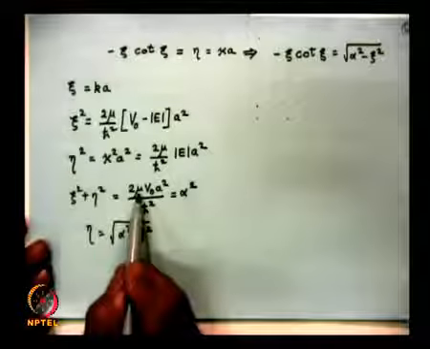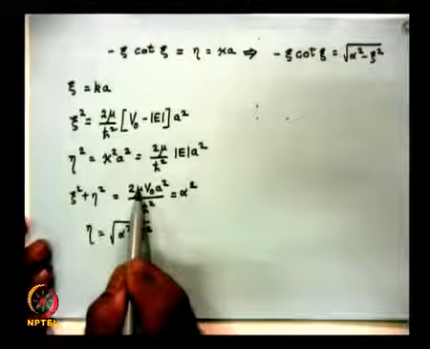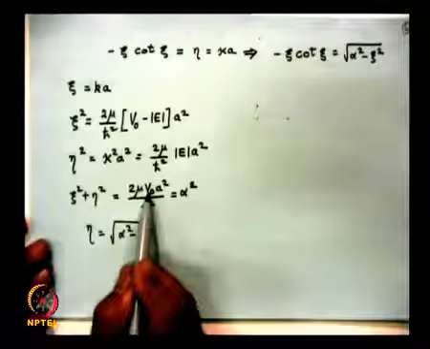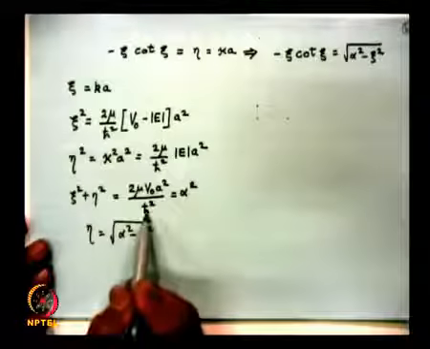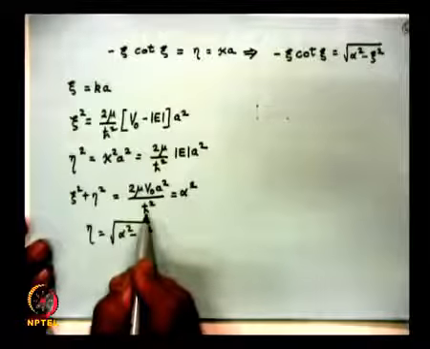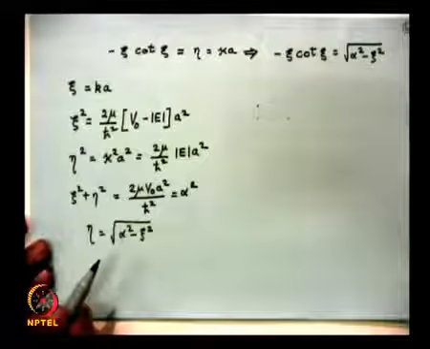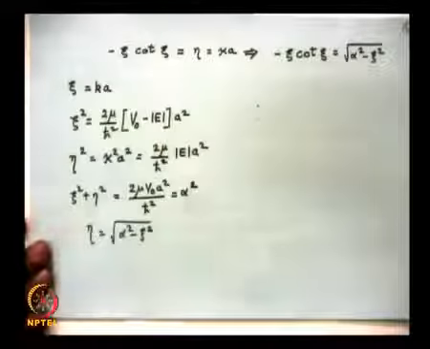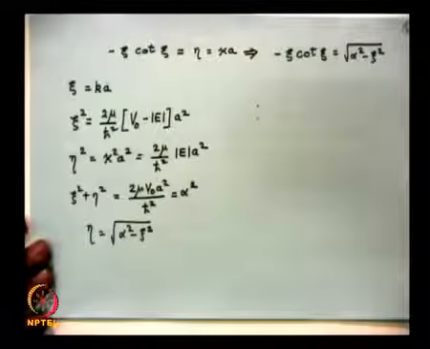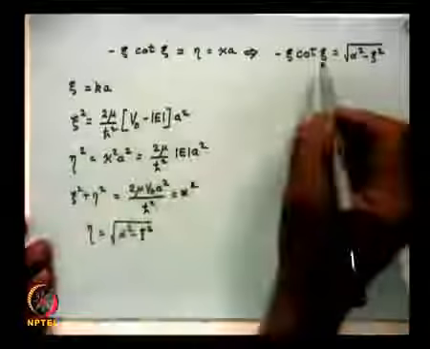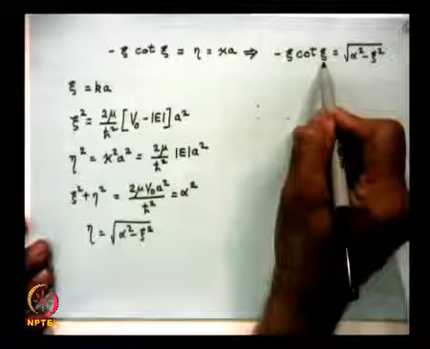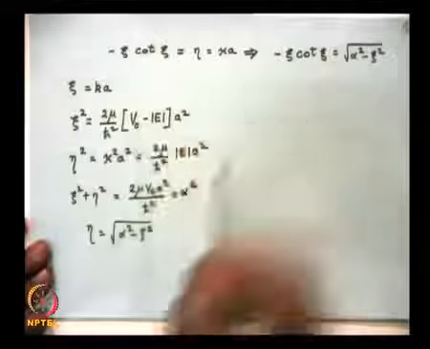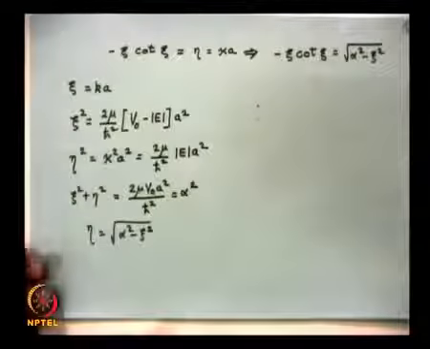For a given system, that is, for a given value of the reduced mass, the potential energy depth, the range of the potential, and of course, Planck's constant is a constant, the value of alpha is known. So, for a known value of alpha, we have to solve the transcendental equation and obtain the value of xi. Once we obtain the value of xi, we can calculate the value of E.